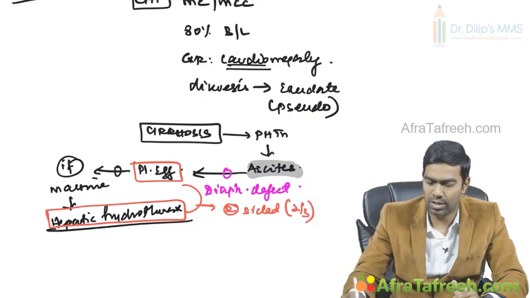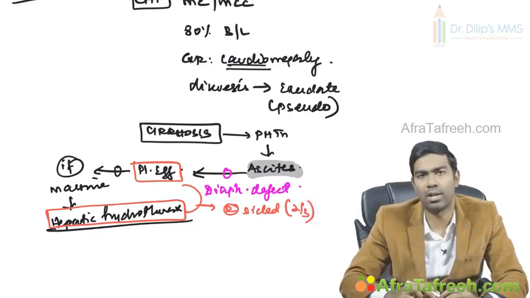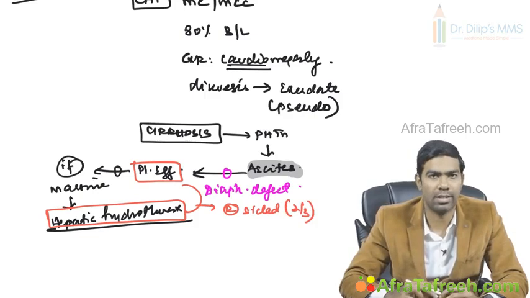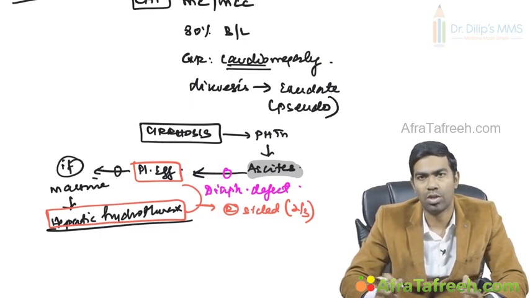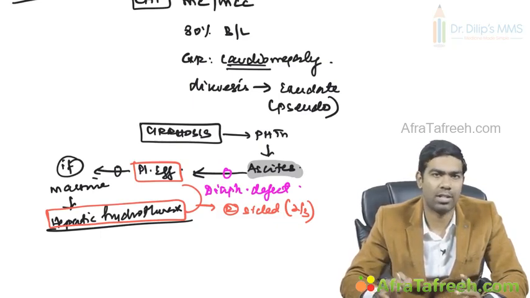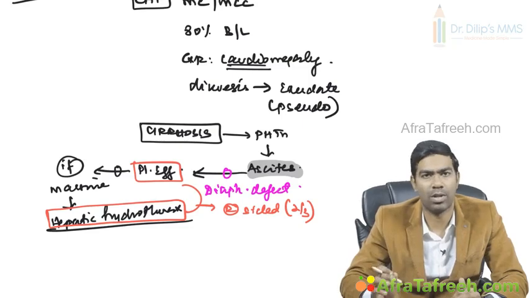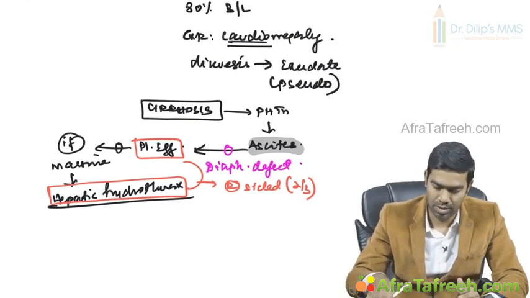Typically in two-thirds of the cases, the effusion as well as hepatic hydrothorax due to cirrhosis tends to be right-sided only, because the defect is supposed to be present on the right side. That's why the theory came actually, and that's been substantiated by some research articles also. So the defect is commonly present on the right side, and that's the reason why you get pleural effusion very commonly on the right side.